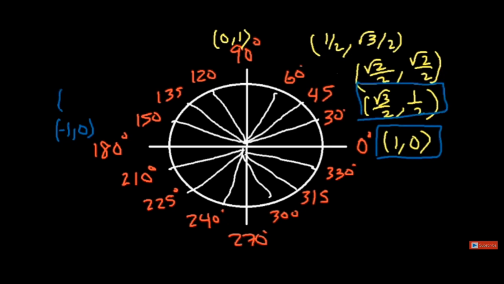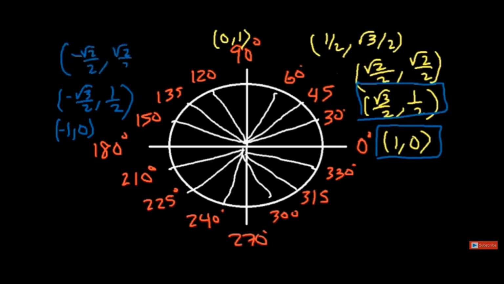Now 150 degrees is very similar, only x is going to be negative. So it's going to be negative square root of 3 over 2 and 1/2.